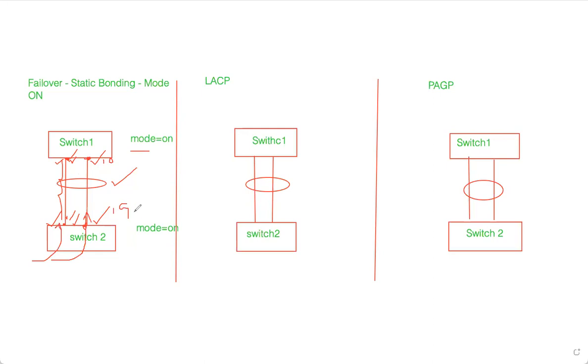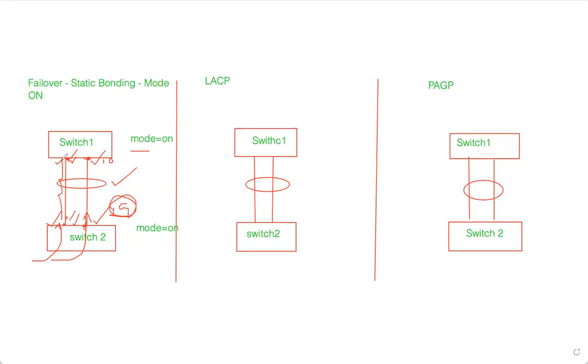But because of the 1 gig speed, it will be only 1 gig, but it still participates in the traffic flow. This is not a good method, because we are limiting the speed to 1 gig in this link, and we are still using it to load balance on both the links.